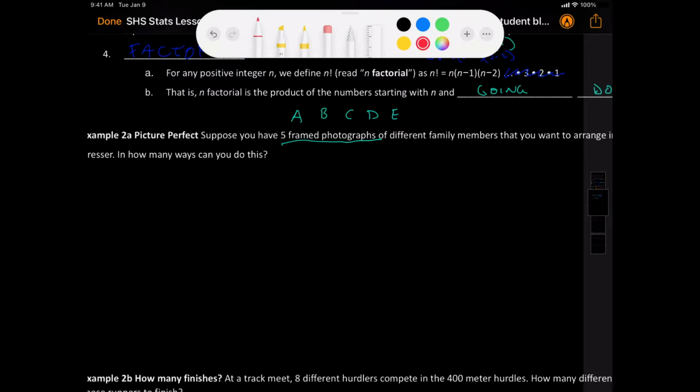You only have 5 photos and you have 5 locations, so let's use these blanks again. This is photo number 1, photo 2, 3, 4, and 5.